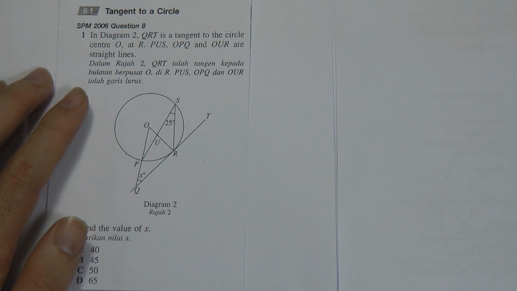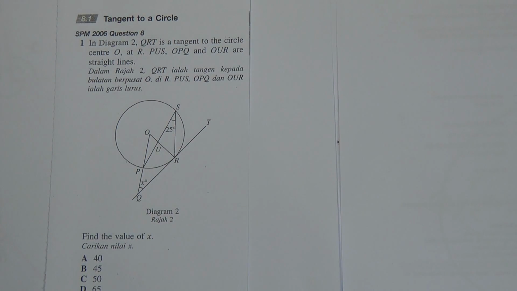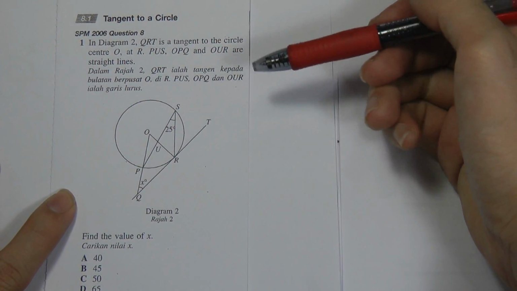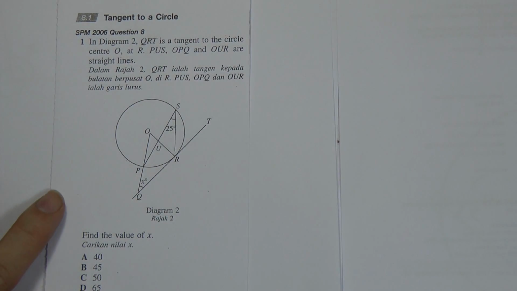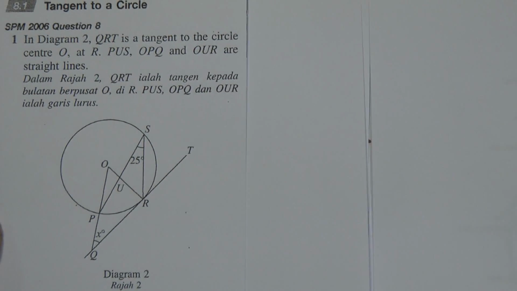He said in diagram 2, QRT is the tangent. So over here, he mentioned QRT is the tangent to the circle. Actually I think we do not need to see the answer, so I zoom in. Like this will be better.